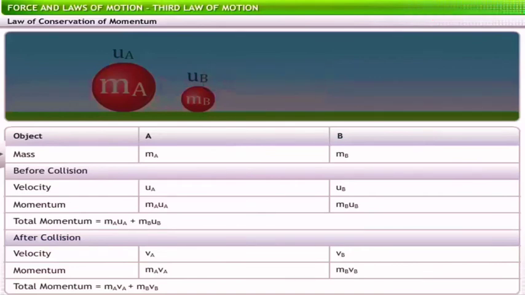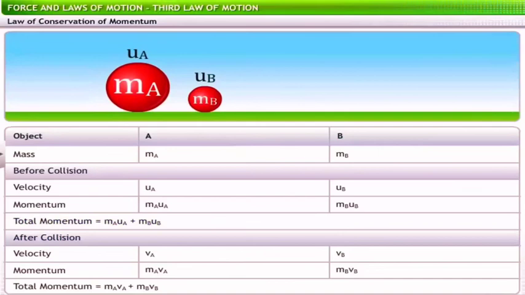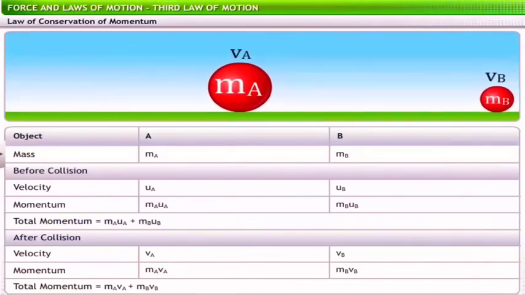Momentum of an object is the product of its mass and velocity. Therefore, the momentum of each sphere is mass times its velocity. Assuming there are no external forces, the total momentum in the system will be equal to the sum of the momentum of both the spheres. Since the spheres are moving with unequal velocities along the same path, they will collide at some point.